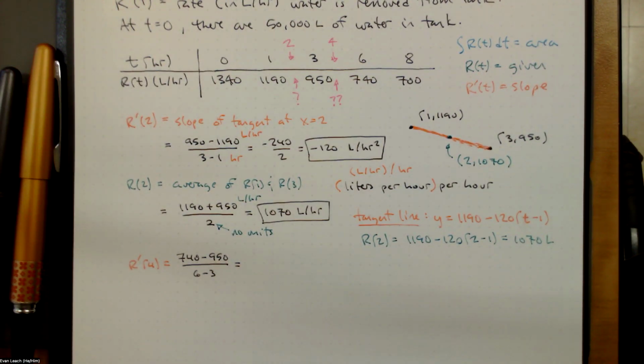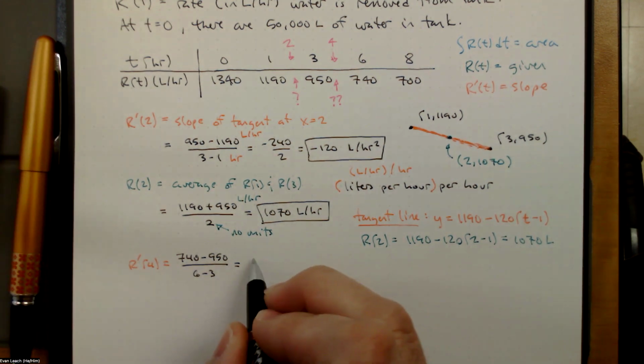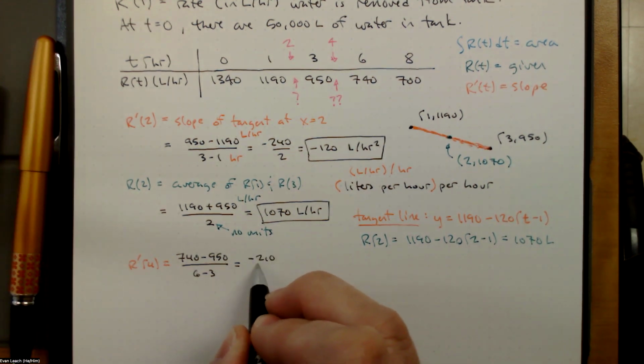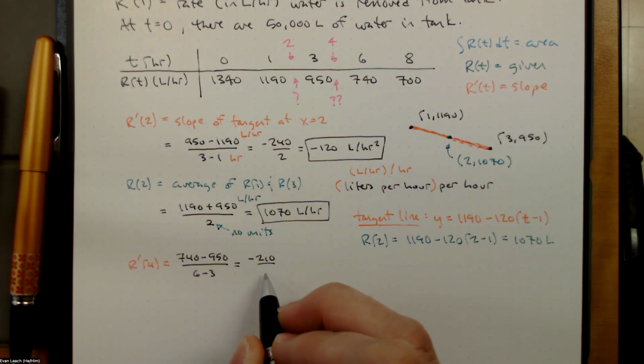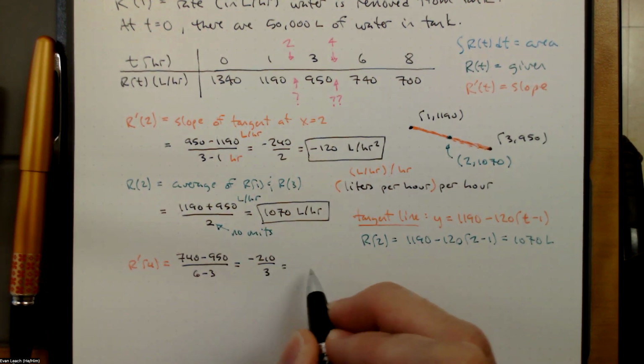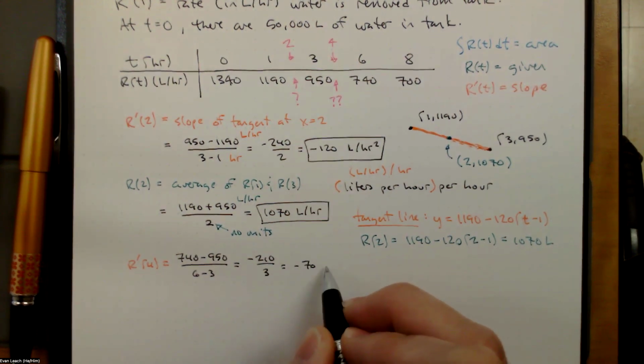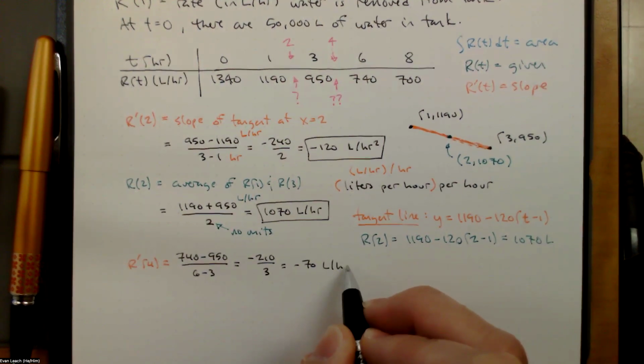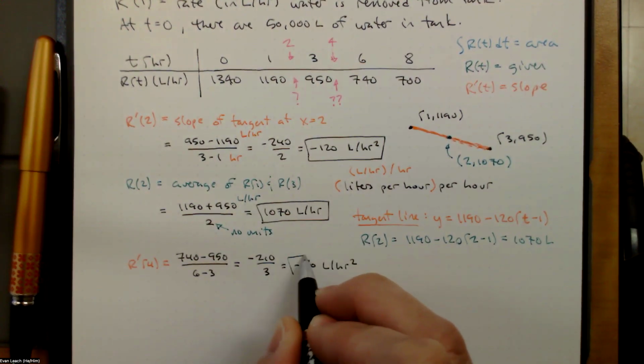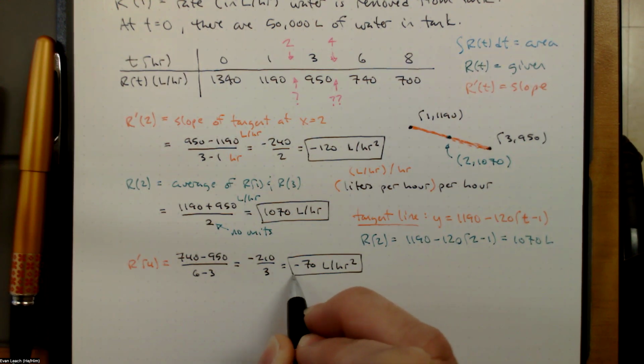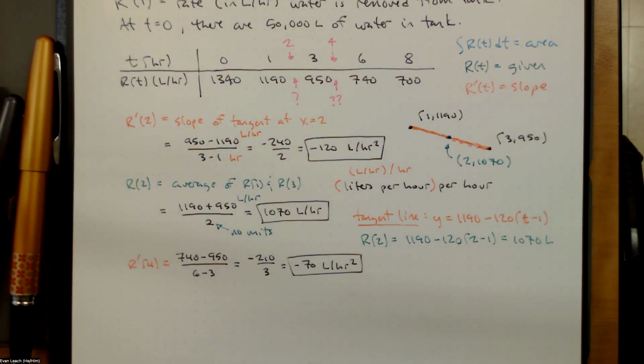I'm not going to be able to calculate this. 740 minus 950 is negative 210. 6 minus 3, I hopefully don't need a calculator for that, is 3. So we're decreasing by 70 liters per hour squared. Liters per hour per hour. That's just connecting the 950 and the 740 with a line.